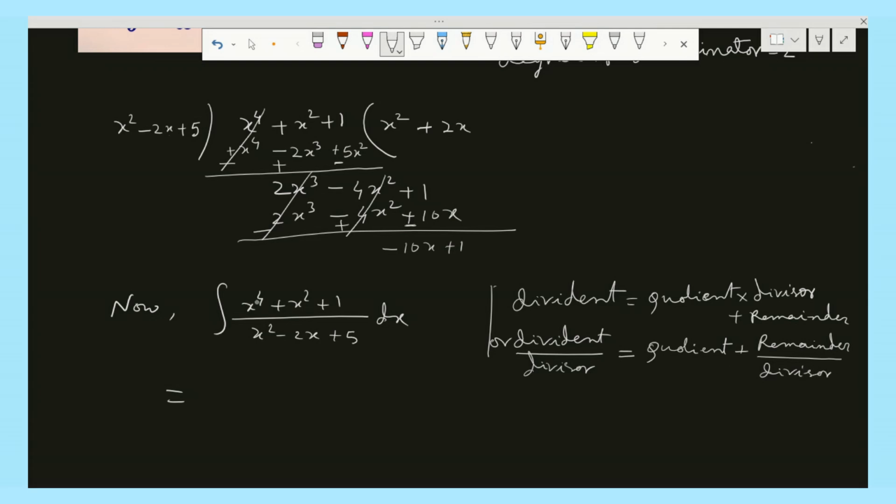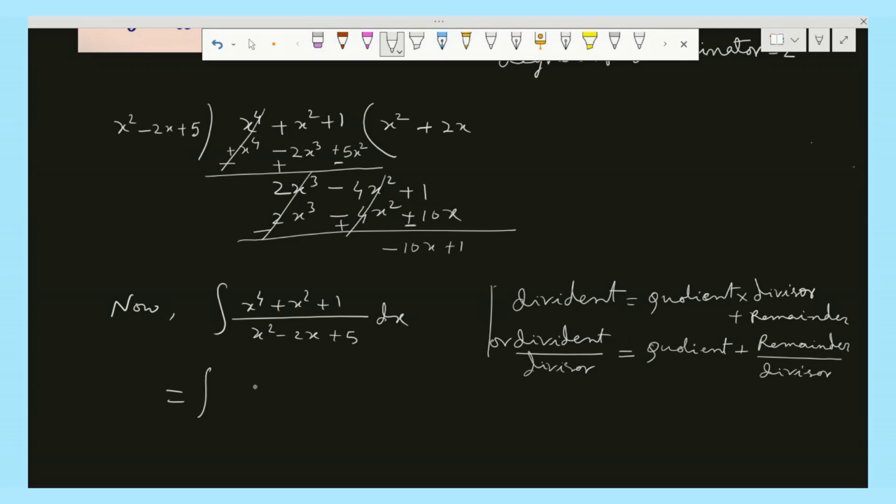Here the dividend is x to the power 4 plus x square plus 1 and the divisor is x square minus 2x plus 5. Quotient is x square plus 2x. Remainder is minus 10x plus 1. So we replace this by quotient plus remainder by divisor.